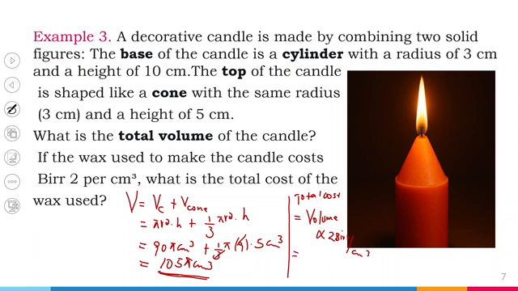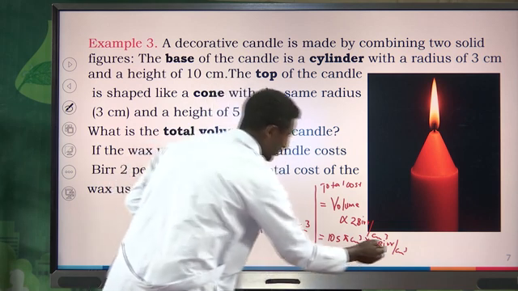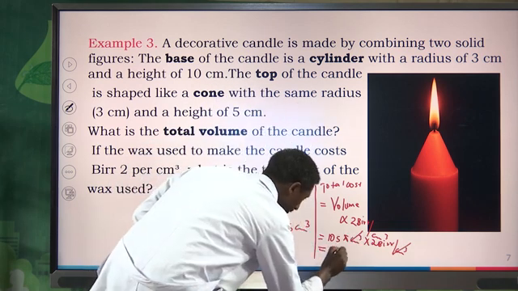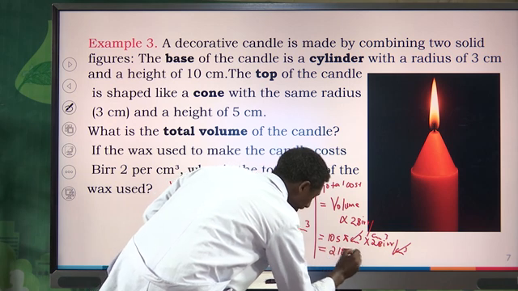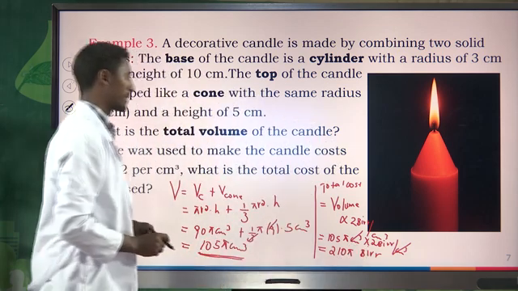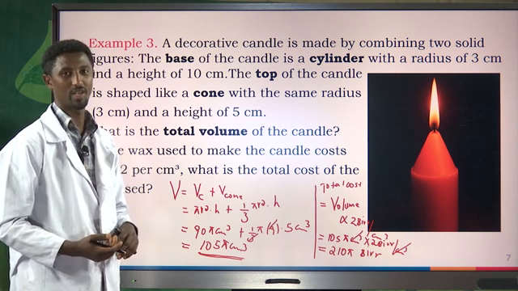So what is the volume in centimeter cube? 105 pi centimeter cube times 2 bear per centimeter cube. So this unit will be cancelled by this one. It is 210 pi bear, but it's better to write the approximate value of pi.